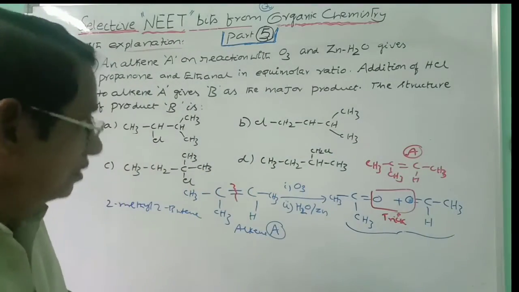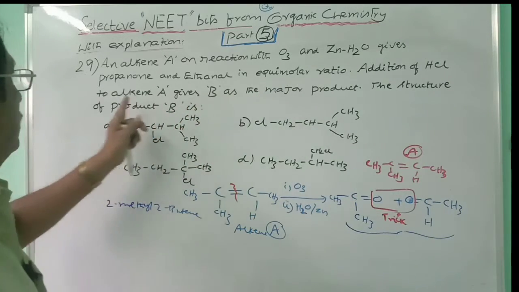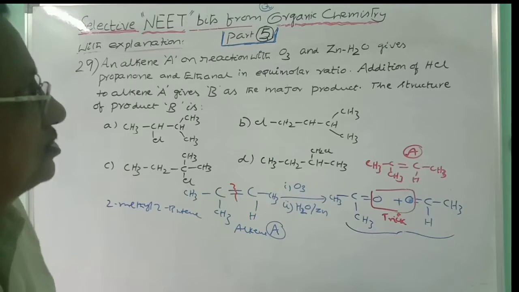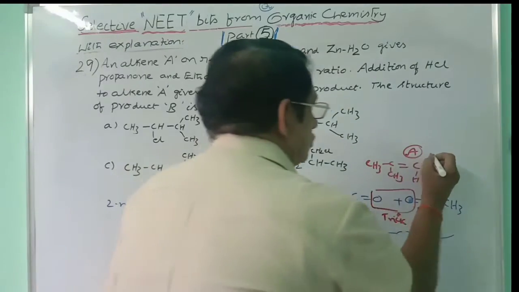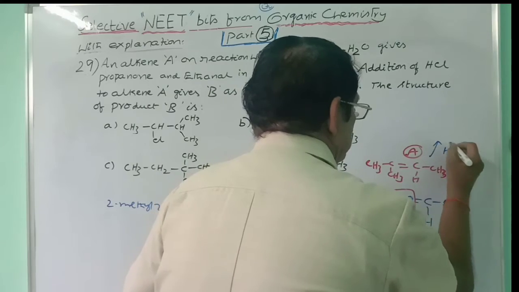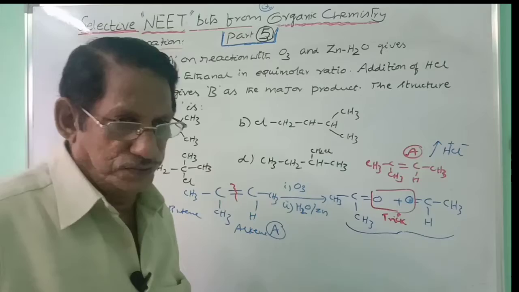And later, that alkene A is treated with HCl. What is going to happen here? To this you are adding HCl, H plus Cl minus. You have to follow Markovnikov rule.